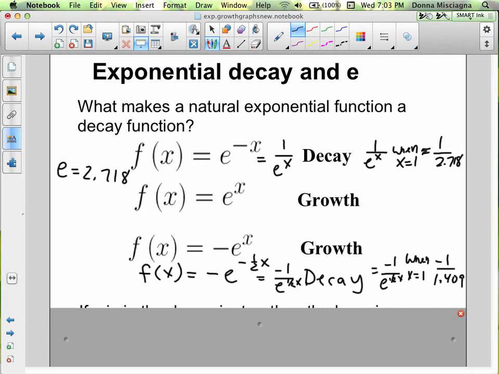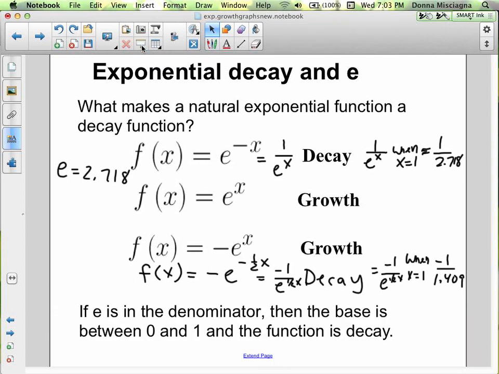Right? And that's smaller than 1. Right? And so imagine as x is getting larger and larger, same thing is going to happen. All right? So I'm sure you figured it out that if e is in the denominator, then the base is between 0 and 1, and the function is decay. All right? So anytime you have a negative exponent for e, it's going to be decay.